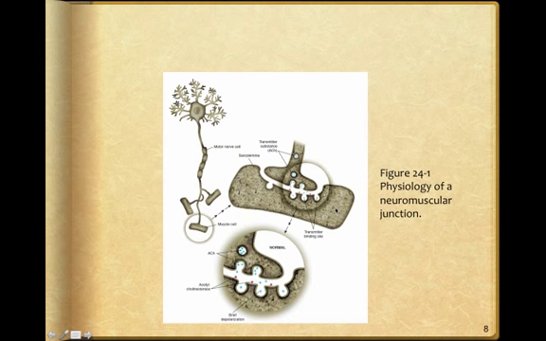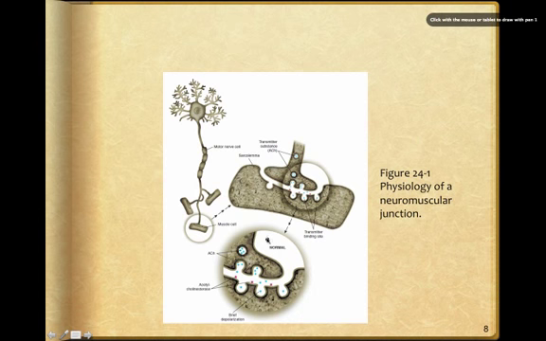And this is a picture of the physiology of a neuromuscular junction. If we remember back from physiology, motor nerves, this is the actual muscle cell right here. So we get the neurotransmitter acetylcholine that will bubble up and, through exocytosis, transfer over to this motor end plate. What that does is it tells this side that I need an action potential or contraction to occur, and the contraction occurs.